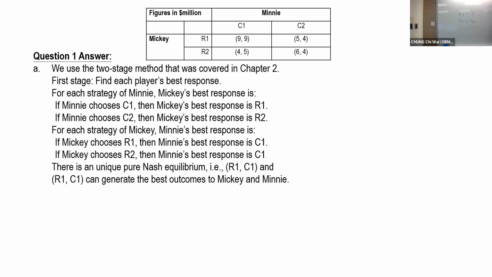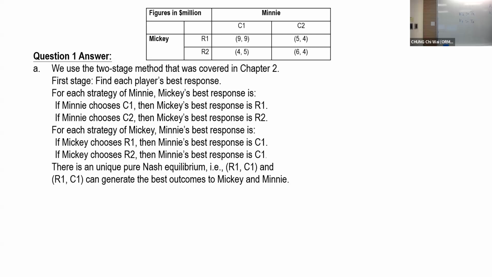If Mickey chooses R2, then Minnie chooses C1 to get 5 million points, while choosing C2 gets 4 million points. So Minnie chooses C1 no matter what Mickey chooses.